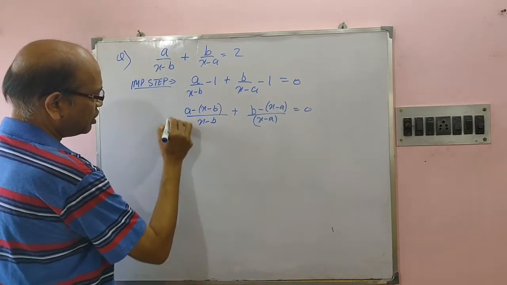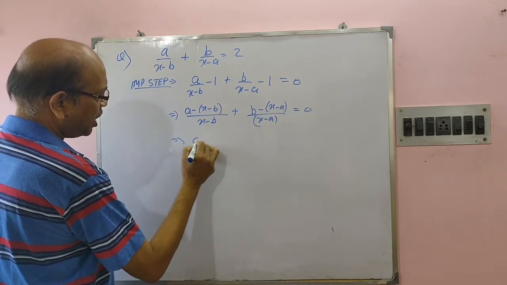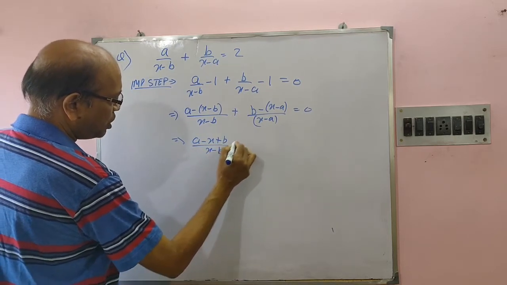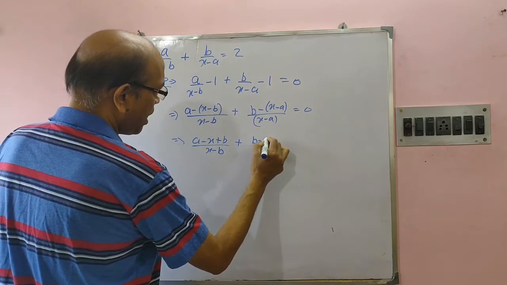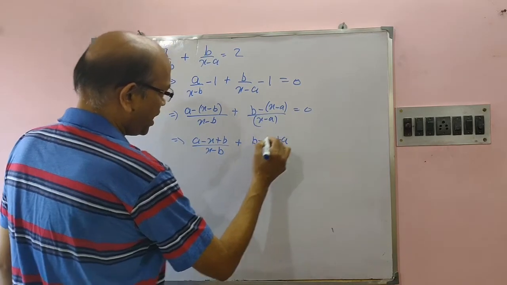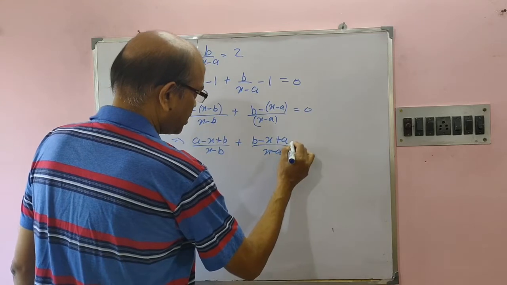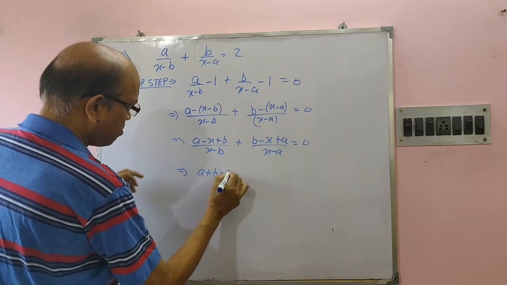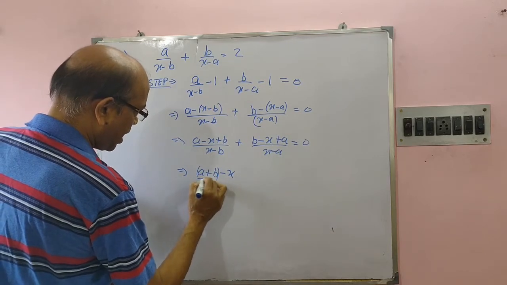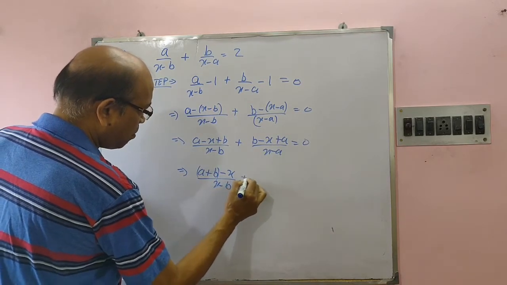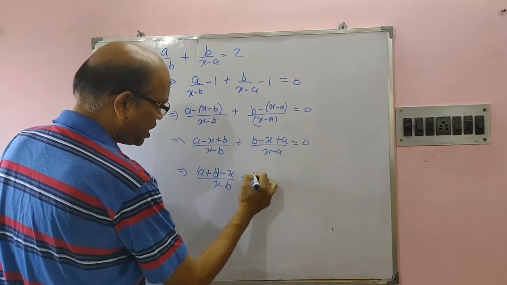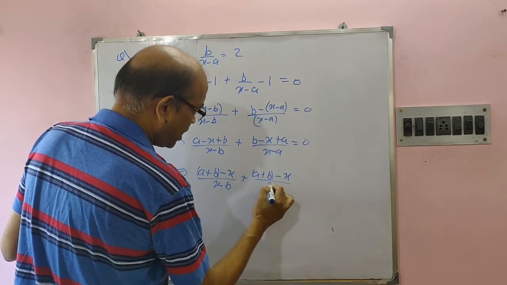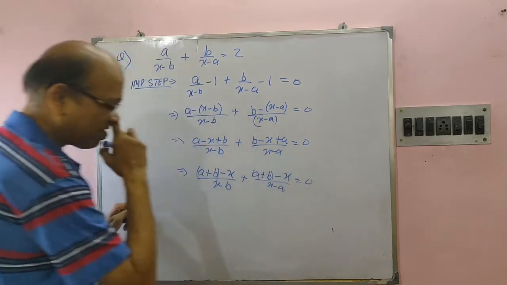Or what I get here is a minus x plus b by x minus b plus b minus x plus a by x minus a equals 0, which means a plus b minus x by x minus b plus, again I can write this as a plus b minus x by x minus a equals 0.